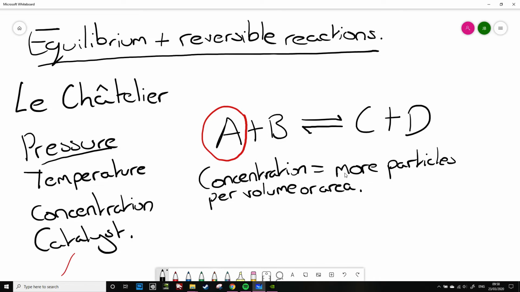If we've got more particles, and this will link back to our rate of reaction topic, we're going to have far more collisions, therefore more likely more successful collisions. So this equals more collisions.